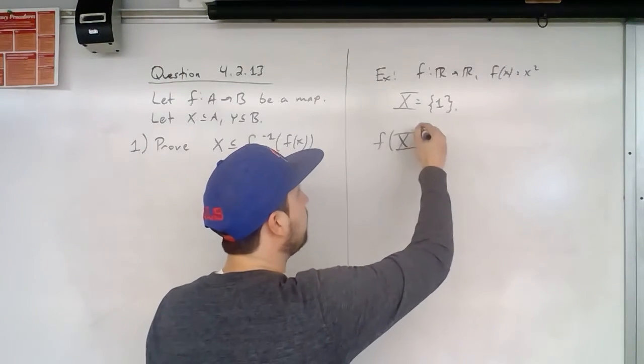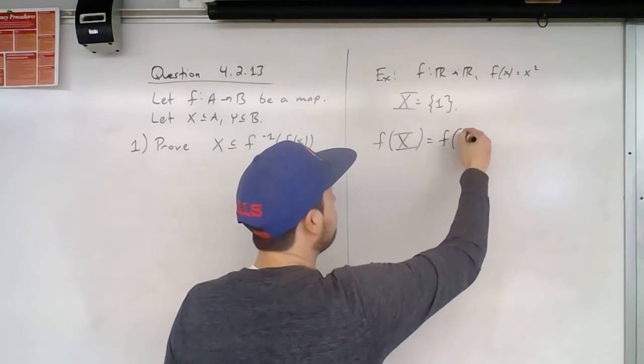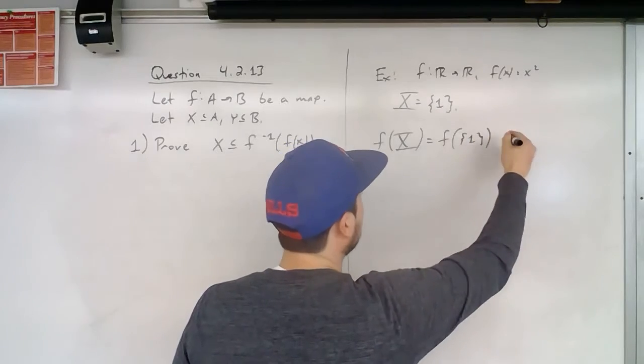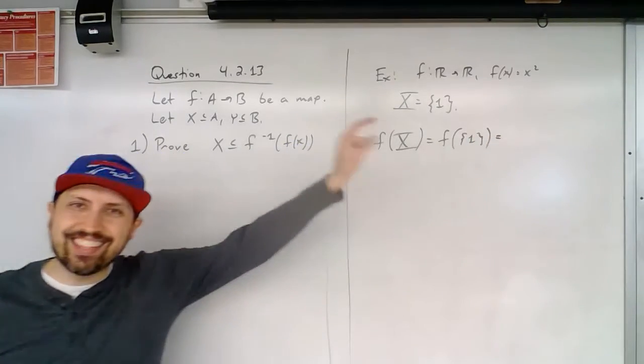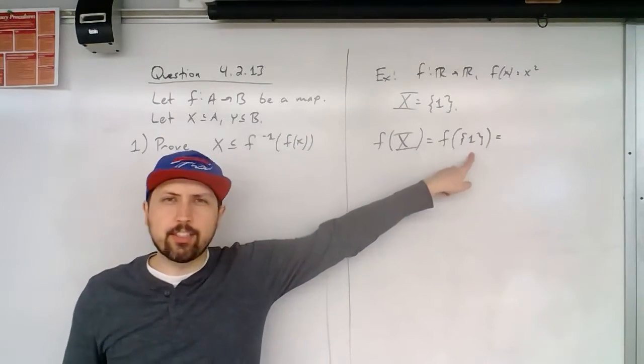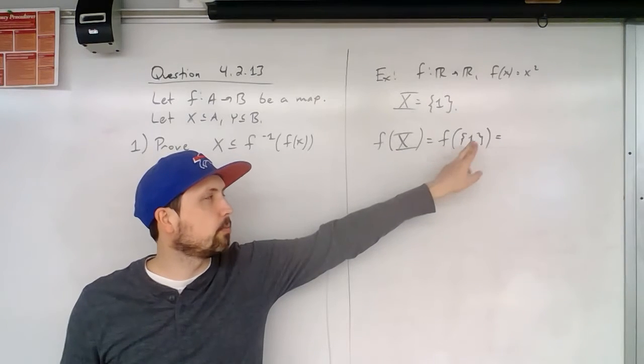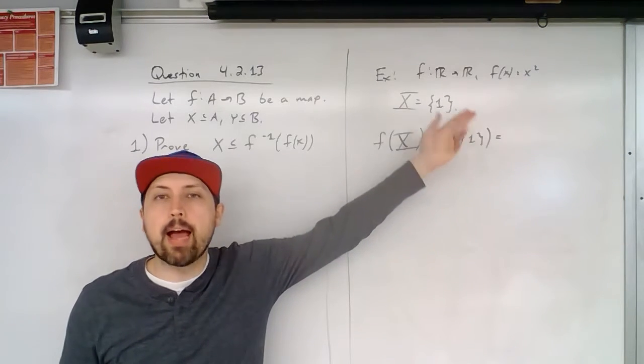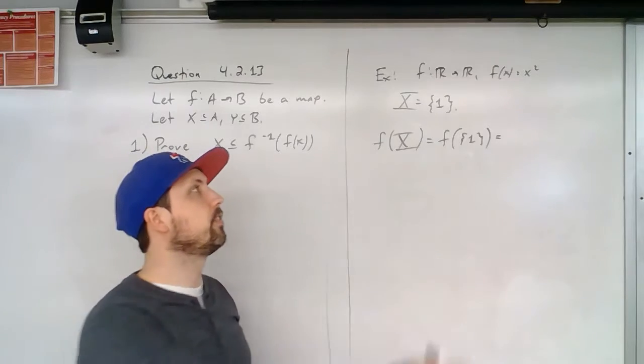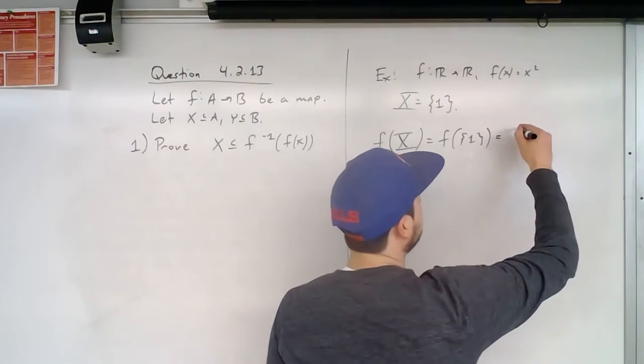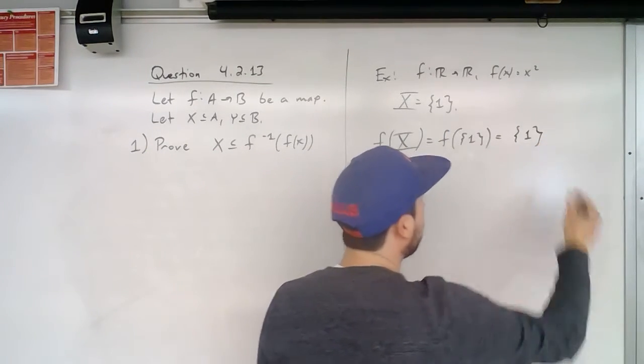So the image of this set is the image of the set containing 1. Right, so this right here, this is the set containing 1, so I'm trying to figure out where 1 gets mapped to with our function. Well, obviously it's given by x squared, so this is just simply the set containing 1.